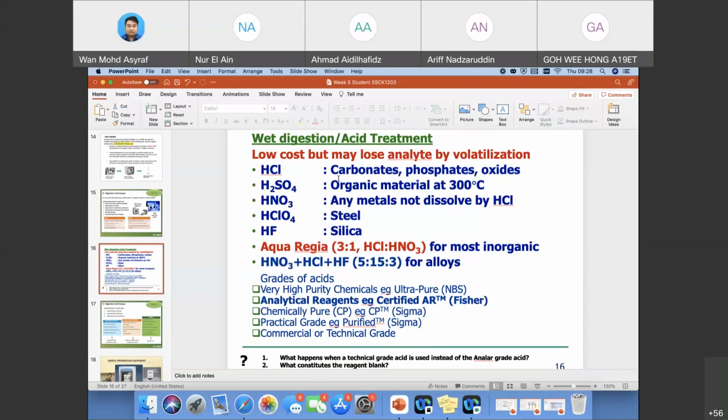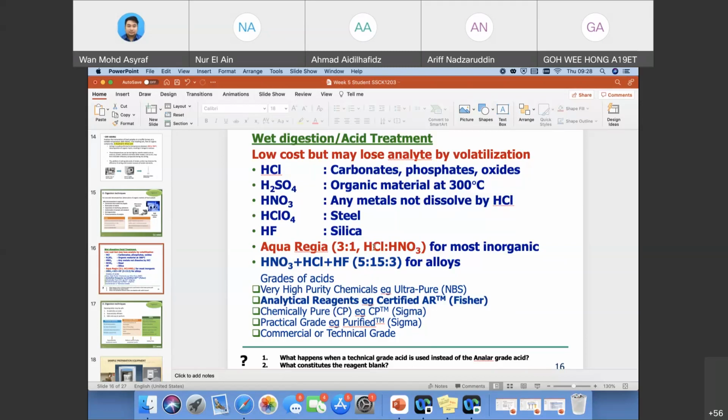For example, if you are using HCl, it is for carbonates, phosphates, and oxides. So if you are using sulfuric acid, it is for organic material at 300 Celsius. All right. So these are the acids that you can use to analyze different kinds of materials.